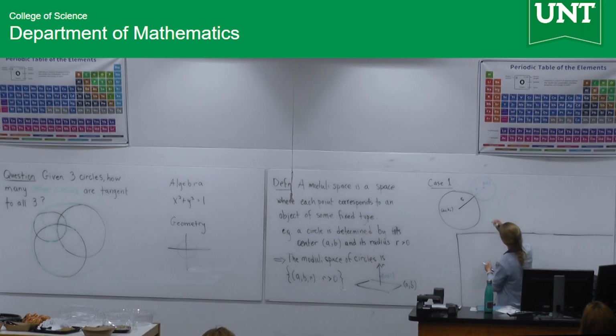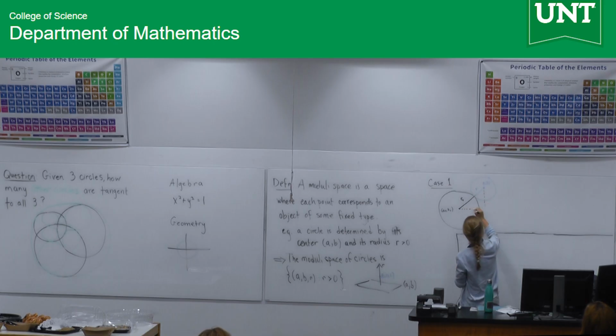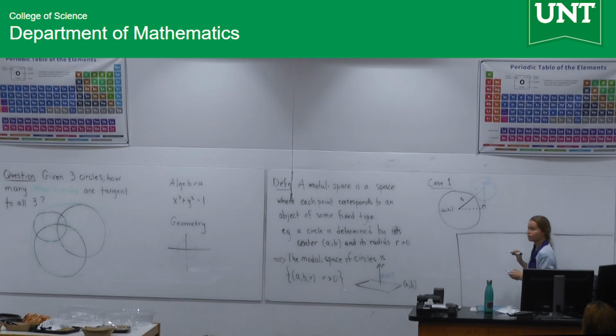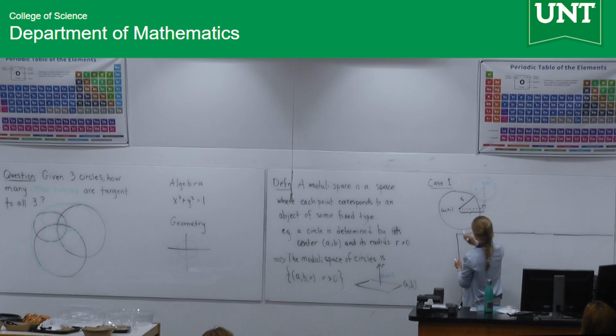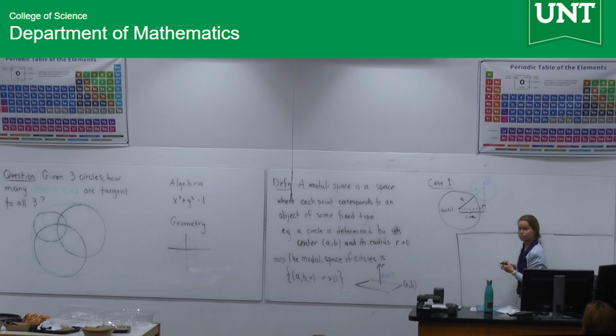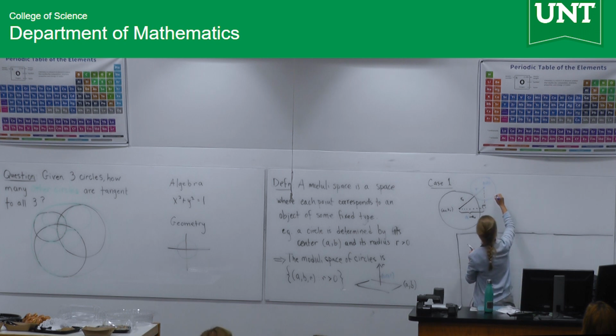Well, let's drop a perpendicular here. So I make this right triangle. Then this horizontal distance is A minus A naught, and this vertical distance is B minus B naught.